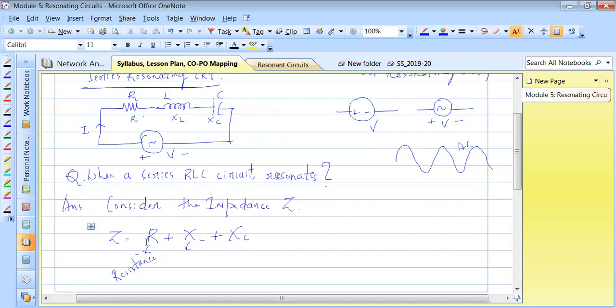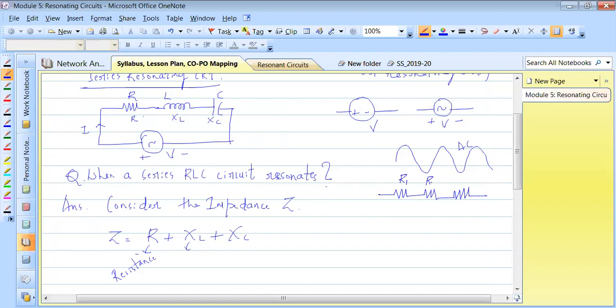Why is the impedance written as R plus XL plus XC? Because these components are connected in series, and you must know how a series circuit works. Let me write. If you have three resistors in series, R1, R2 and R3, and suppose you have two terminals here, what is the resistance across the terminals AB?